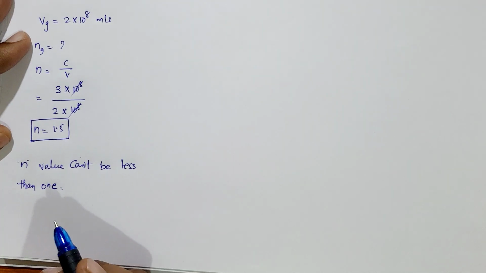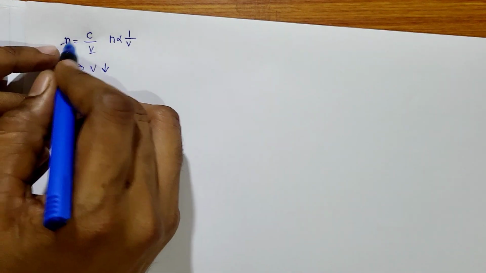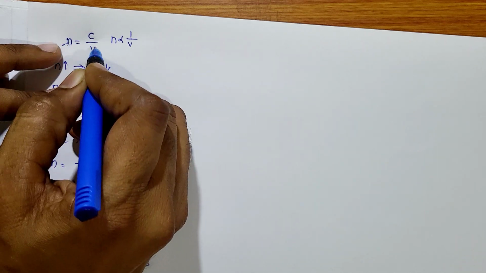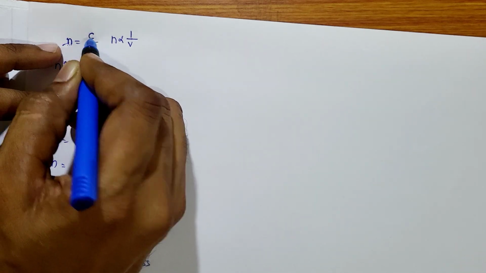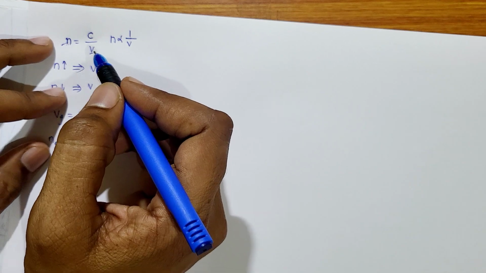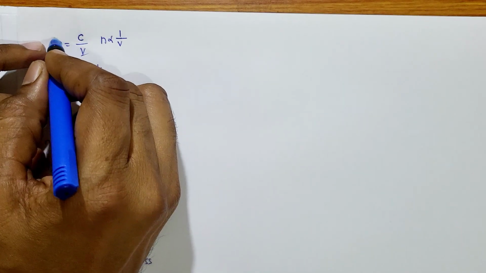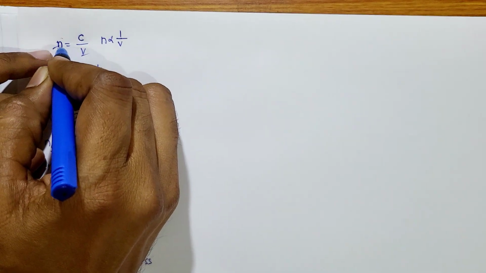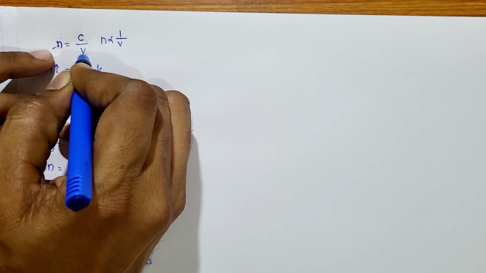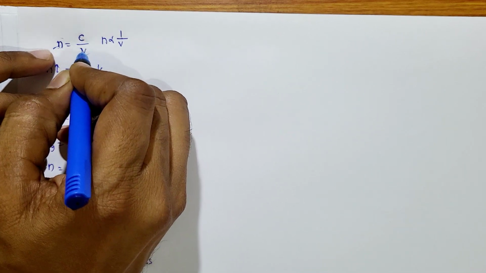Why? Because N is equal to C by V, right? If this N value wants to be less than 1, then this V should be greater than C. What is V here?